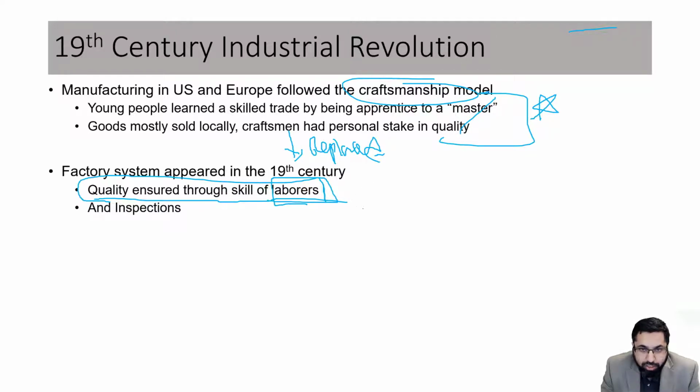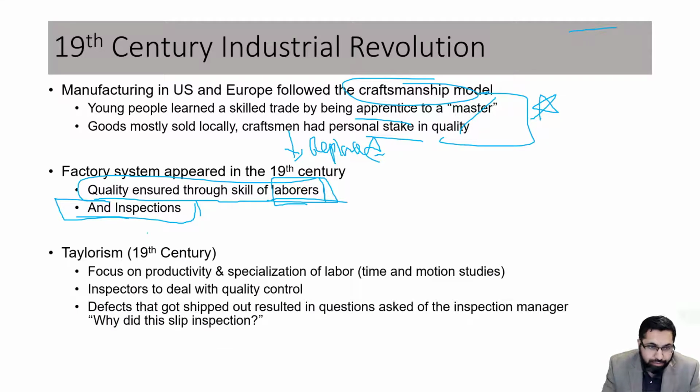If you are building a piece of furniture, in the craftsman model the craftsman might build the entire piece. In this model, the craftsman might do the complicated stuff, and other workers would do some of the easier steps. And there were inspections in factories to find defects and fix them before they got shipped out.